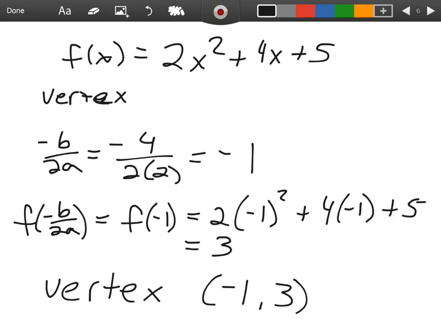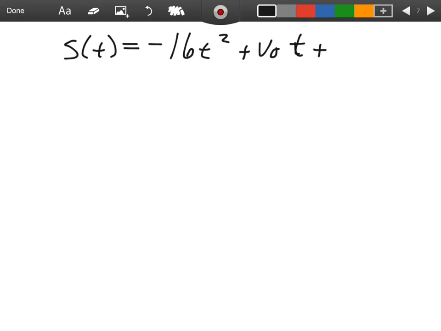Okay, so let's do an application problem. First off, this comes from physical science. I don't know how many of y'all have taken physical science. This is not a physical science course, so I'm not going to expect you to remember this formula. But this is used to determine, this is a t right here, used to determine something that's thrown or shot into the air that's acted upon by gravity.